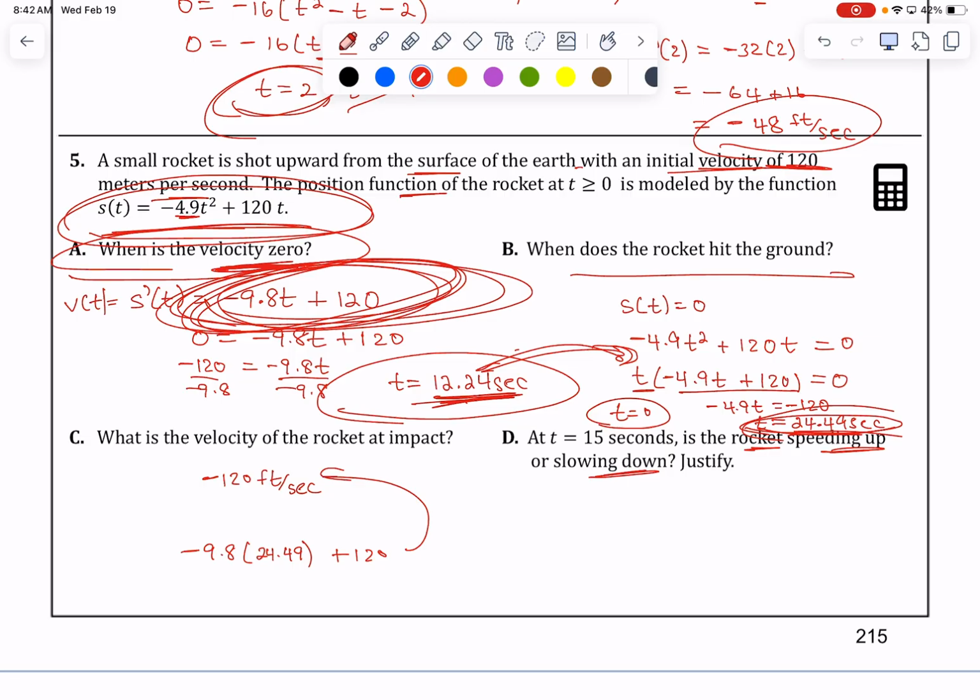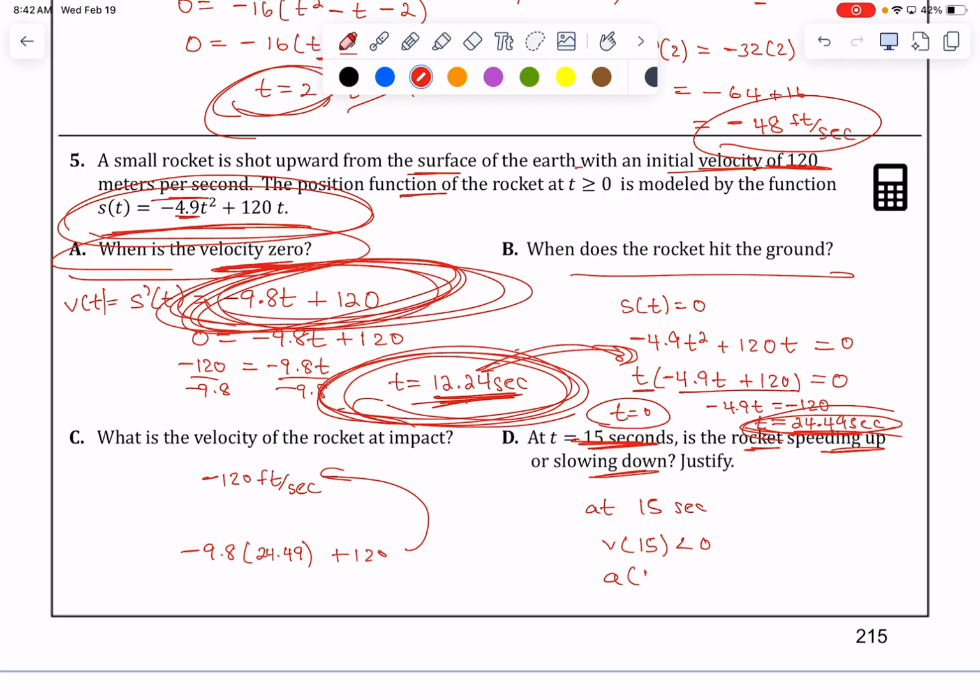Speeding up. It is going to be speeding up because... well, wait a second. At 15 seconds, is that after 12.24? Yeah. It's still speeding up because acceleration is negative and velocity is negative, because at 15 seconds it's back on its way down.